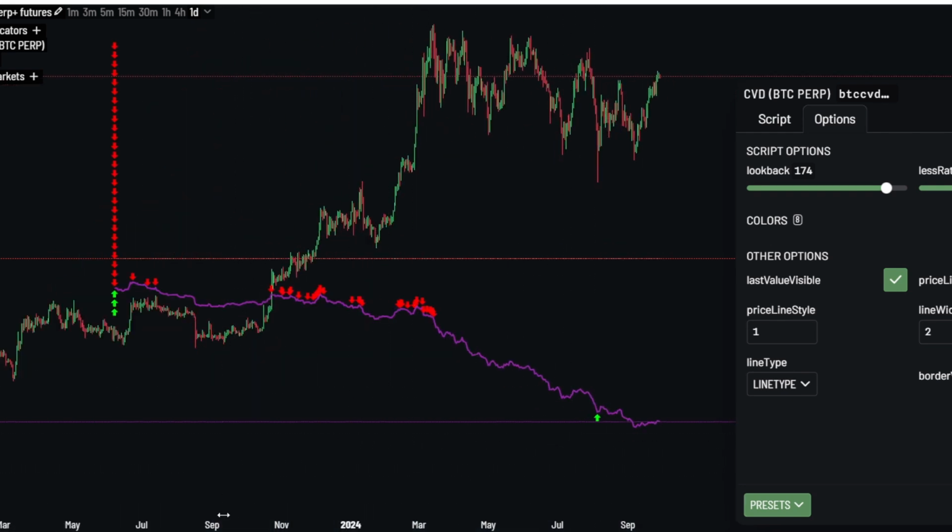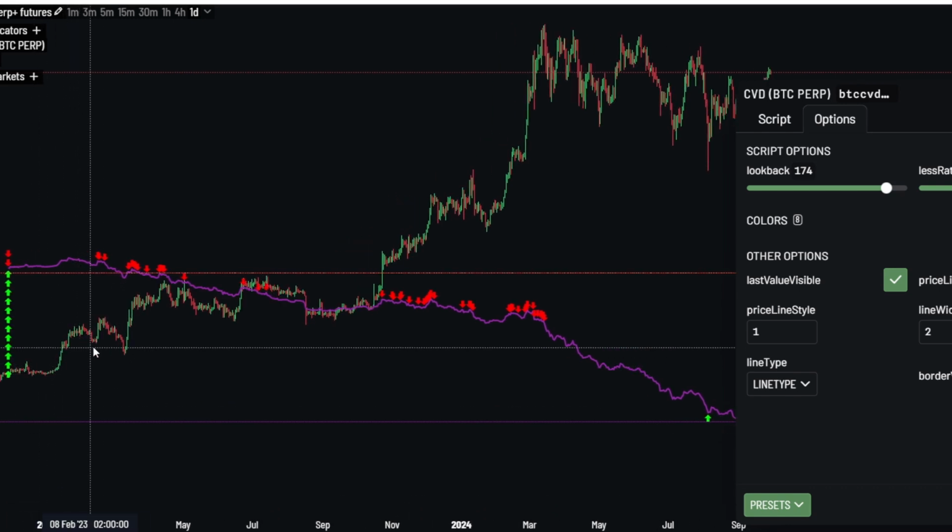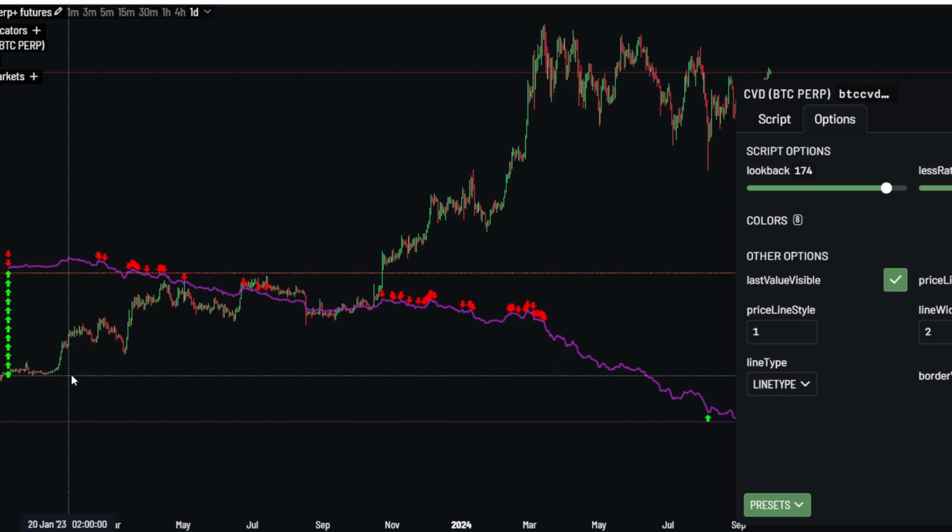So since 6 months, we are here in August, that means February. From February 2024, from this here, it means from the start of the impulse, almost February here.